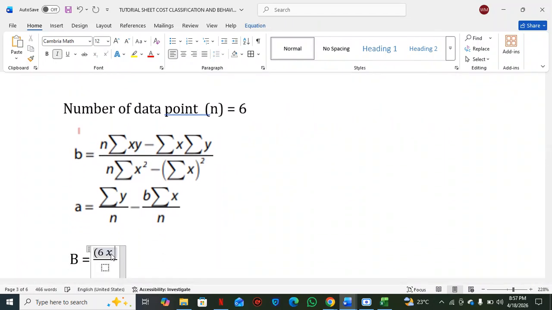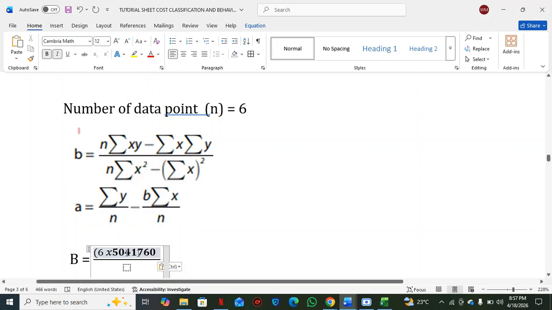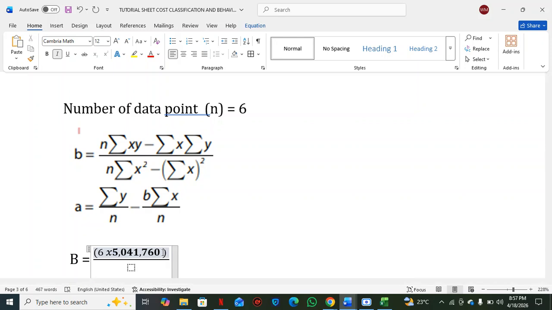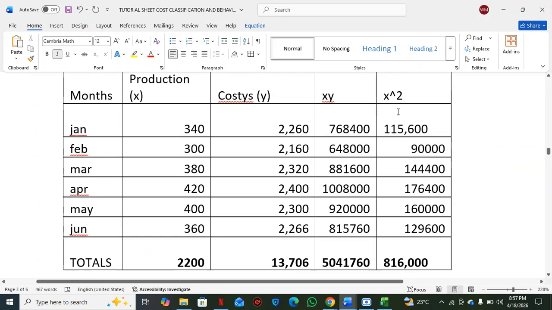So we say 6 times 5,041,760, minus sigma X, the total of X, which is basically the total of the production units.